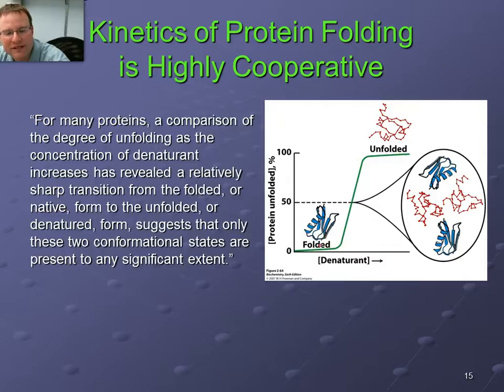What one basically sees is that if you add a denaturant, whether it be temperature or a concentration of a chemical, and you plot the fraction of unfolded protein as a function of added denaturant, it looks more or less folded in terms of its structure for quite a while, and then all of a sudden, kind of like when you're titrating a strong acid with a strong base, you see a change that occurs over a very small amount of added denaturant that kicks it from completely folded to essentially completely unfolded.